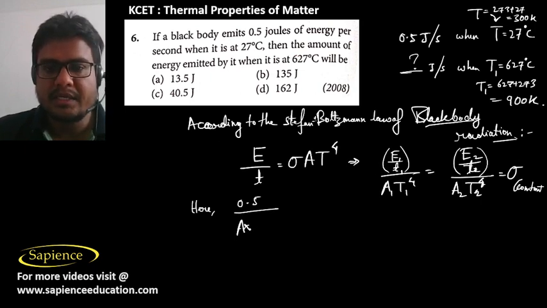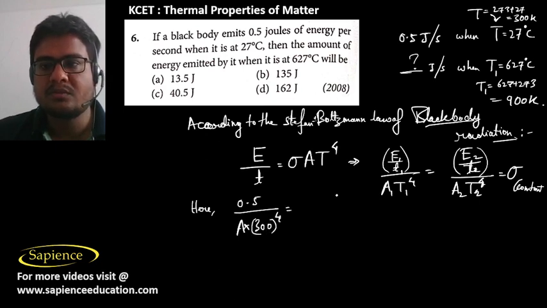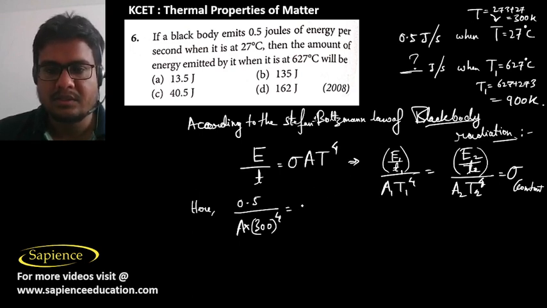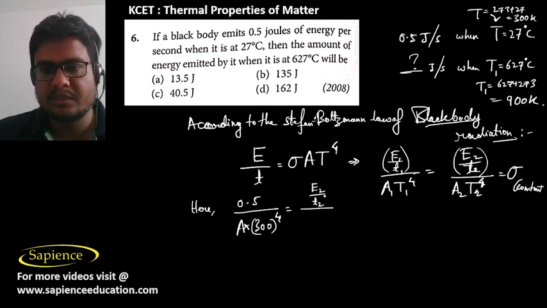So this will be A into 300 power 4, that will be equal to the rate of emission of heat that is asked. Let it be E2 by t2 that we have to find.